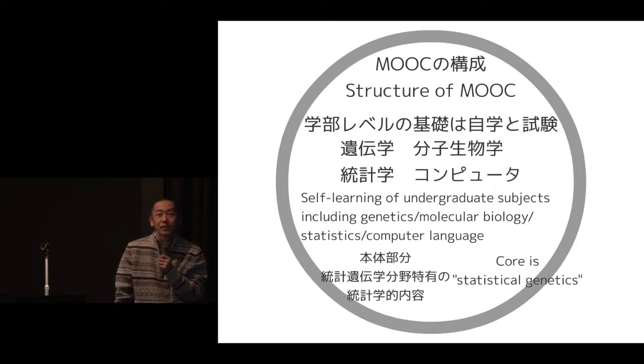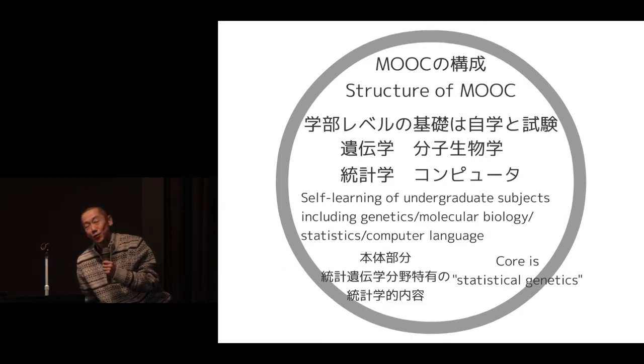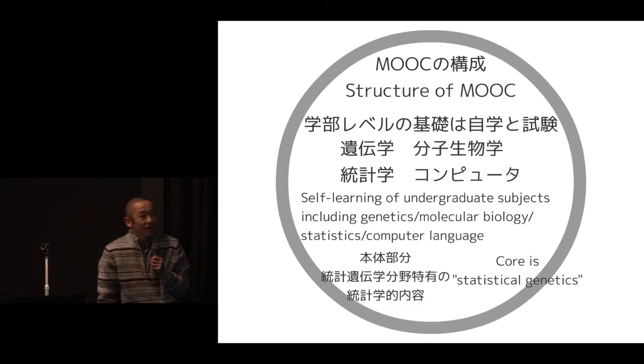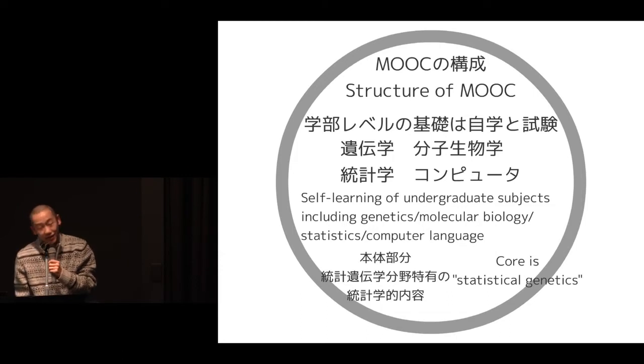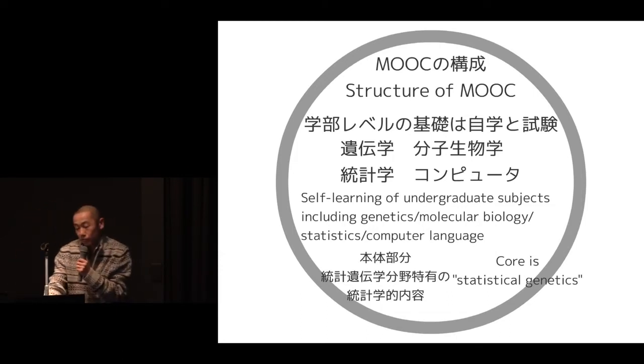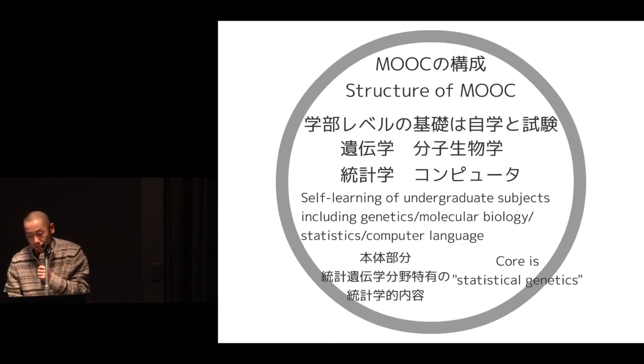So you have to start from the undergraduate level, and the graduate school core subject cannot be taught because of the lack of time. And we have to say, you have to self-learn at the graduate school study level. So it's not good, is it?